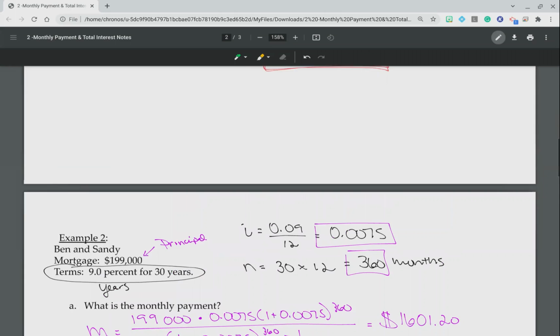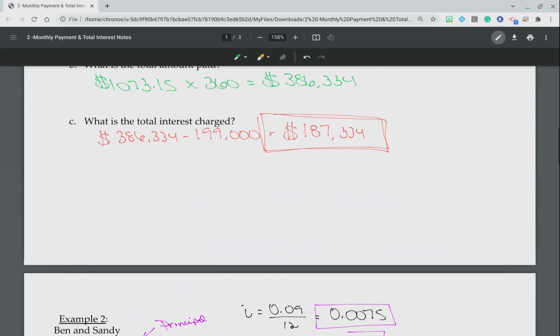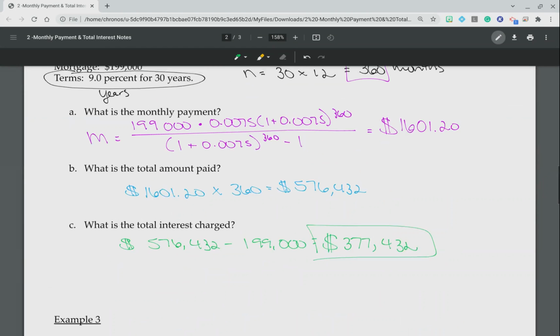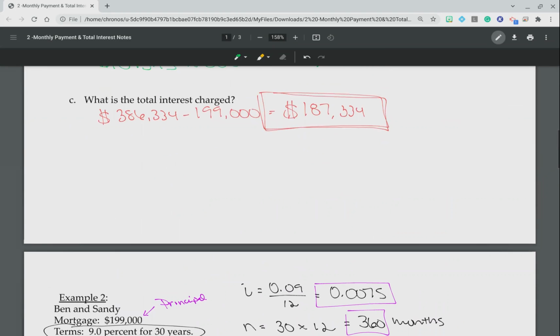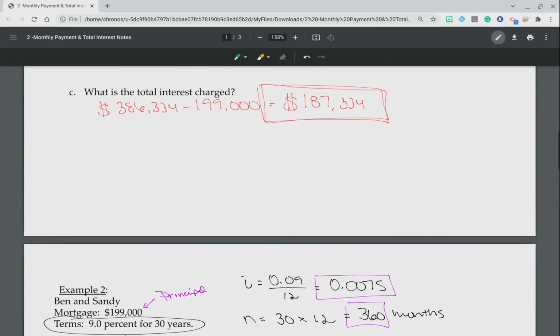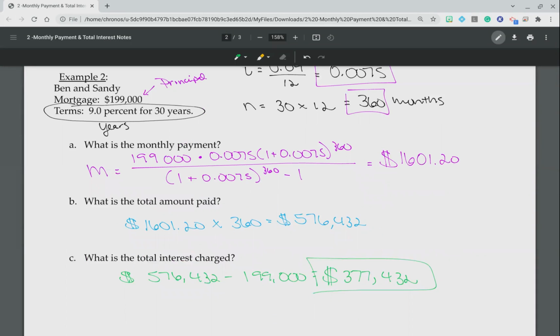And look at the difference in their interest amounts. Okay, quite a huge difference there. $187,334, $377,432. So why do you think it is so important to make sure when you're getting a mortgage loan to look at what the interest rate is going to be?